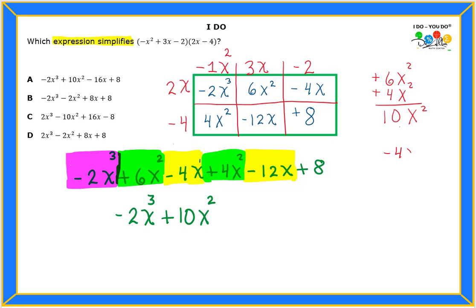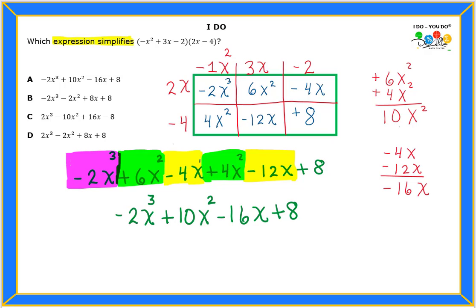So that's a negative 4x and a negative 12x. Since both of them are negatives, I'm just going to add up the numbers and my answer will be negative, right? And this gives me a 16x. Okay, so let's write it down. And then my constant 8 has nothing else to be combined with, so I'm just going to bring it down.